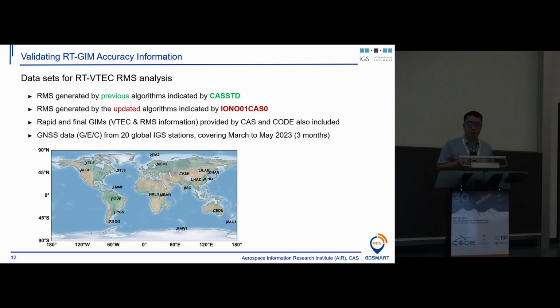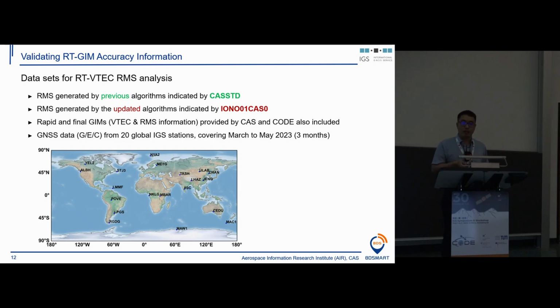And for the validation, we have made a comparison of those RMS maps computed by two different methods using about 20 global IGS stations, and the test covers about 3 months of last year.